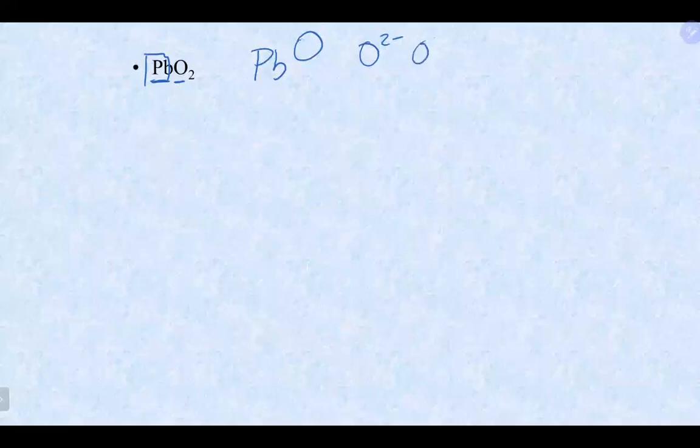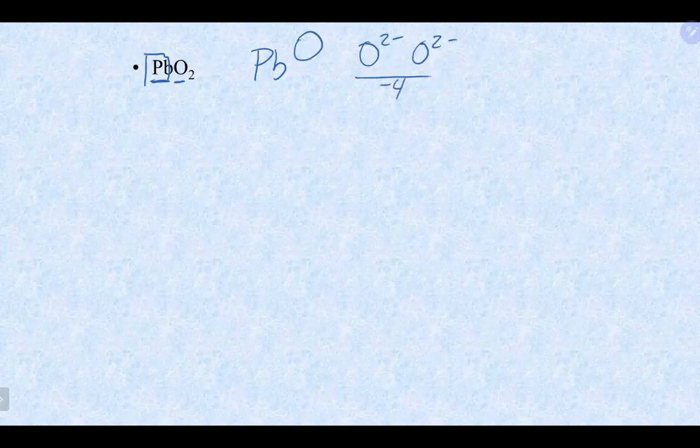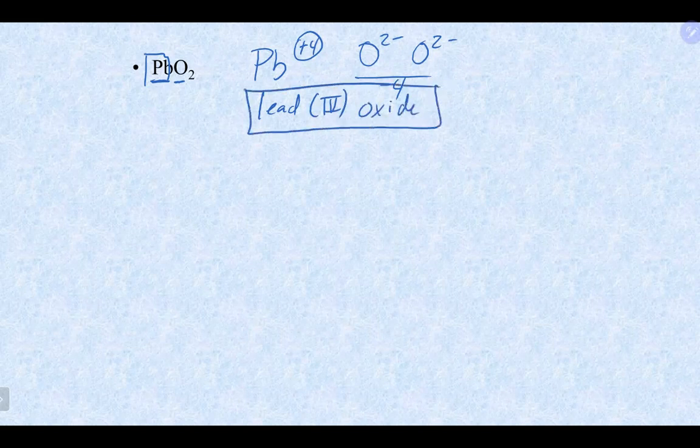I'm not really sure, but I do have 2 oxygens, which each one is going to be -2 because it's group number 6 on the periodic table. That means in this case, that's a -4, which gives us a +4, which means this should be lead Roman numeral 4 oxide. Once again, the subscript does not affect the name.